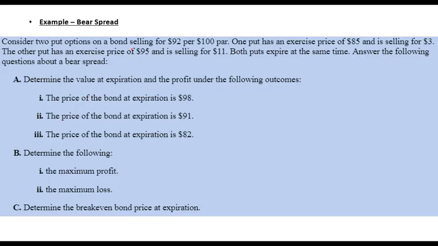So consider two put options on a bond selling for $92 per $100. So this means $92 is the price of bond. This $100 is the par value, face value. One put has an exercise price of 85, selling for $3.